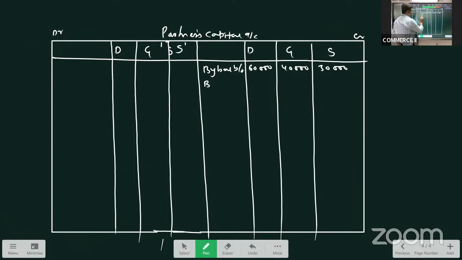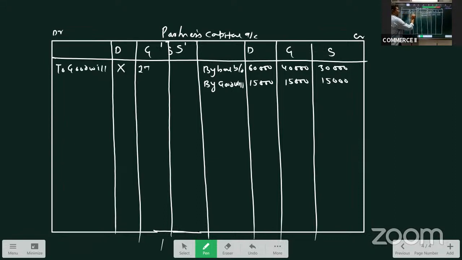For that we will write by goodwill, credited to all the partners. And it is written off to continuing partners. Who are the continuing partners? Dravid retired. Ganguly and Sachin are the continuing partners.